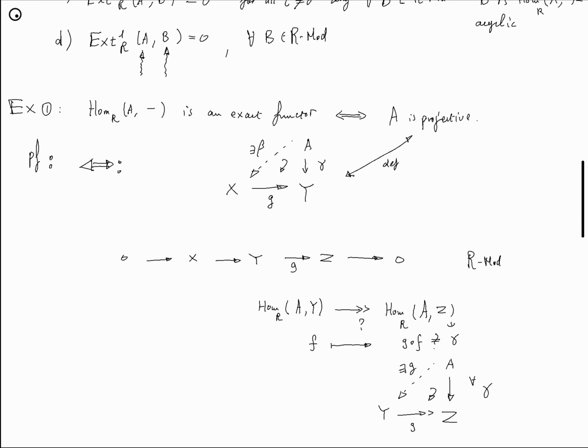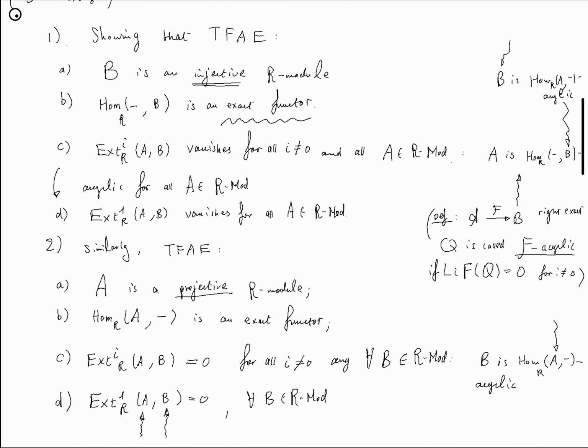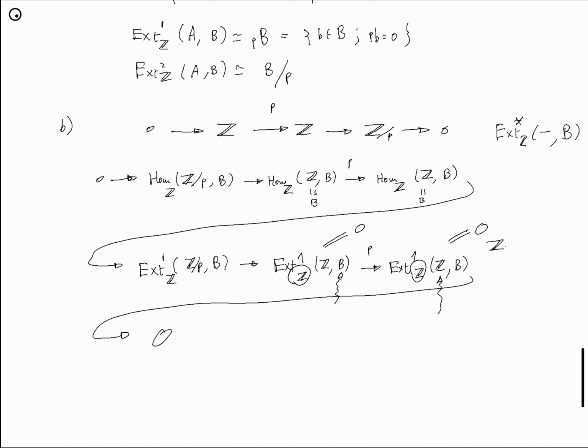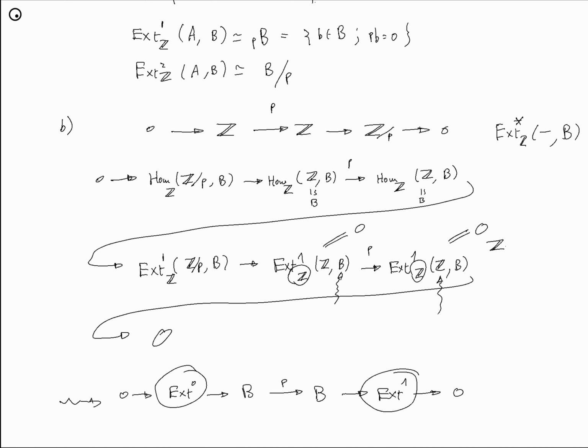This is what we mentioned here, right? And so without computation this would be 0, and so finally this is telling you that this is your Ext^0, and then you have B, and then you have your Ext^1, and then you have 0 here. Exactly, this is telling you that this is isomorphic to the kernel of multiplication by p, and this is the cokernel, which is B quotient by pB. This gives you the same result.